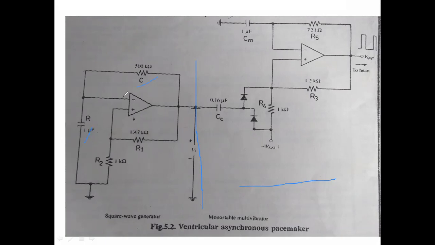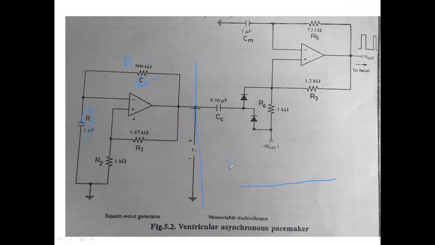Here there is a misrepresentation: this is the C and this is the R. The R value is 500 kilo ohms and the C value is 1 microfarad. Based upon this we can find the time period.